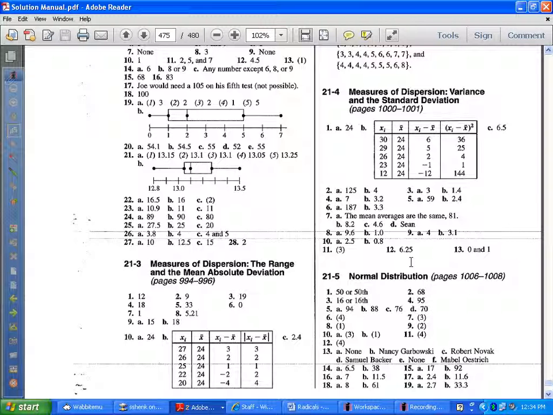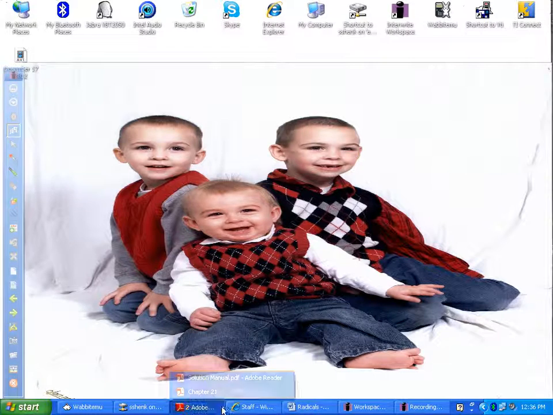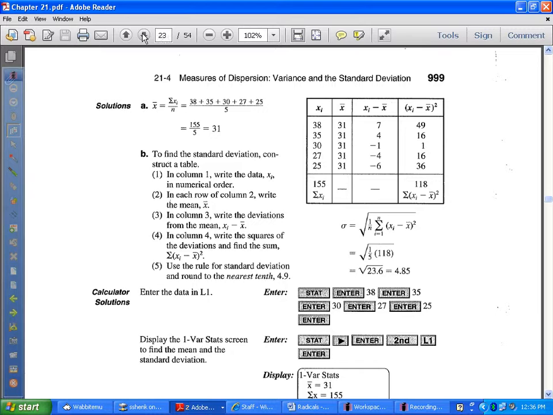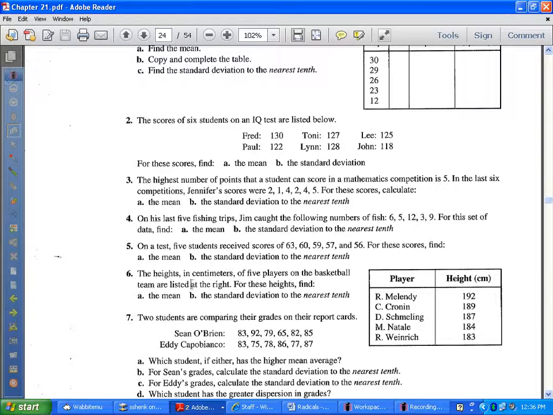Questions here? Number 6. Number 6, the heights in centimeters of 5 basketball players on the team are listed at the right. So we've got these heights, and for these heights we need to find the mean and the standard deviation on number 6.